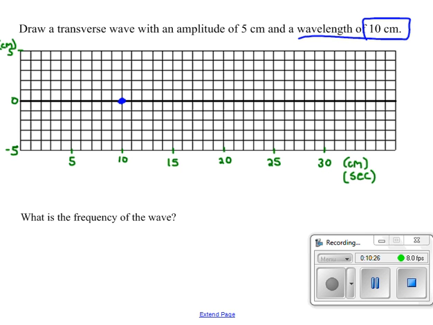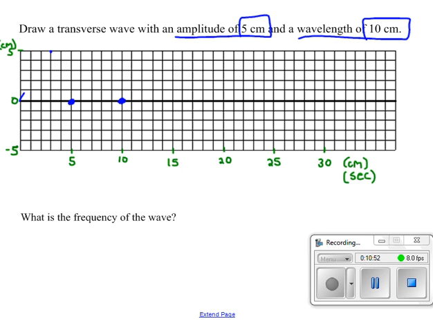So now I need to mark the midway point. It should be right here. And remember, my graphs always go in the upward direction first, but I have to look how high is my wave going to go. And I look at my problem. My amplitude is 5 centimeters, which is all the way at the top of this graph.